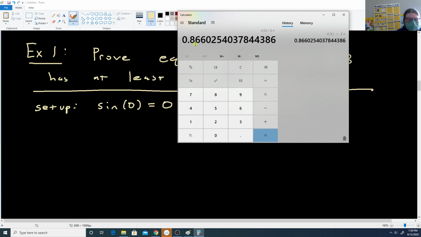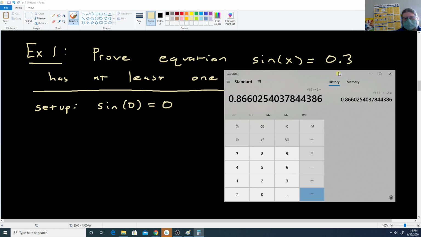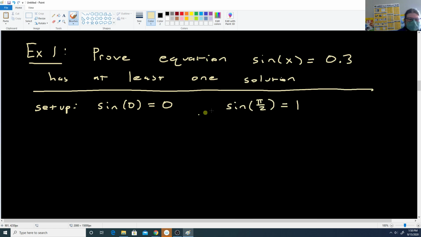Wait, no, that's over 0.3. So yeah, we could use any of the sine values that have square root of 3 over 2 as their y value, and that would work because from 0 up to square root of 3 over 2, 0.3 is in between those. But 0 and 1 are easier to work with, so we're going to say 0.3 is between 0 and 1. So there should be a way to set this up using the intermediate value theorem.